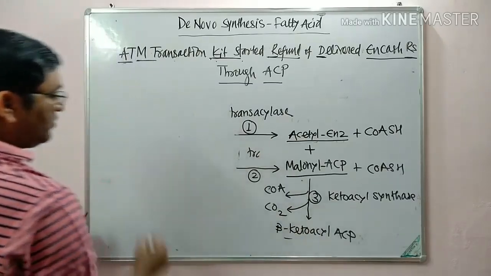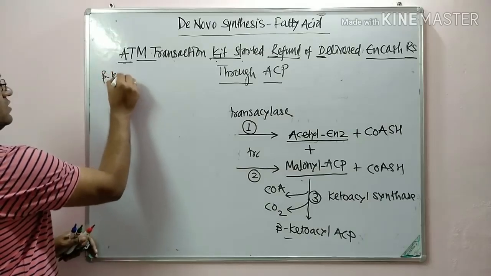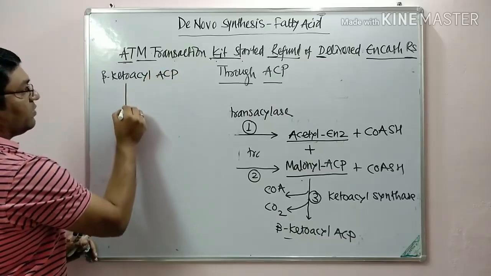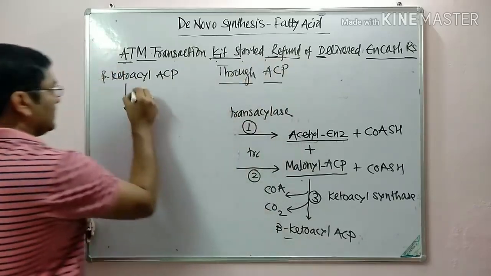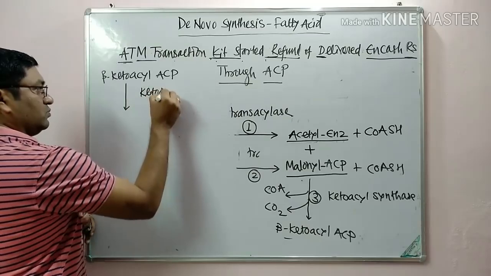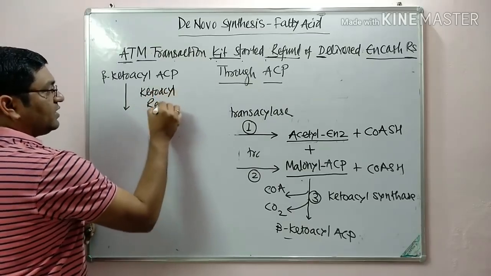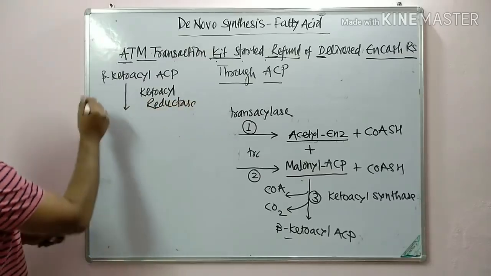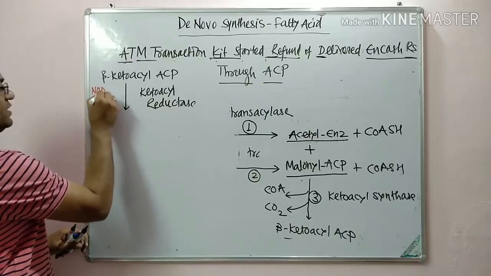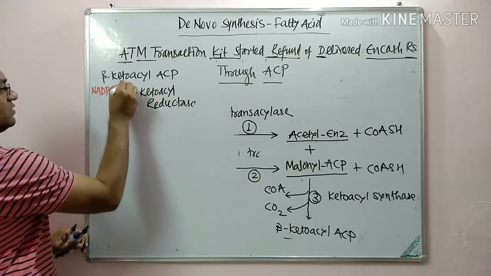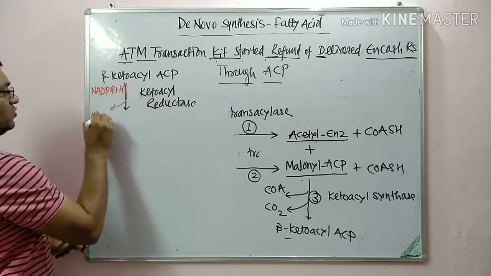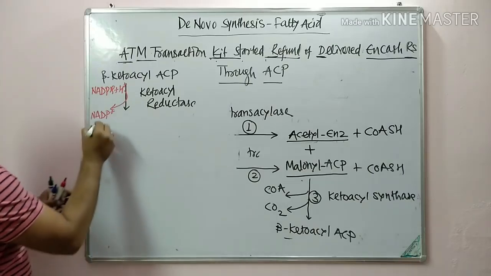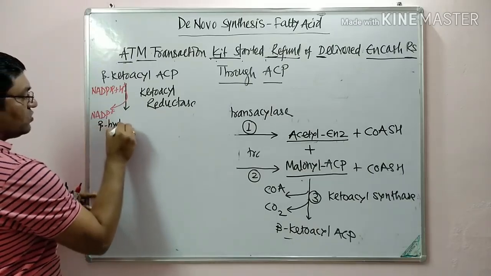Coming to the fourth, beta ketoacyl ACP is acted on by the ketoacyl reductase, and this reductase reaction requires NADPH, which is converted into NADP, and there is formation of beta hydroxyacyl ACP.